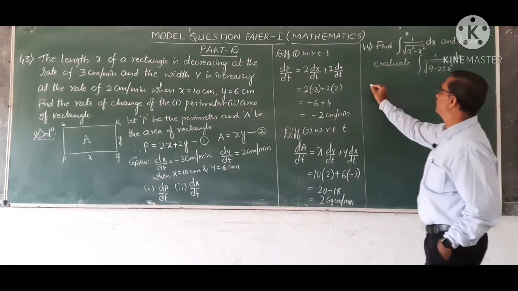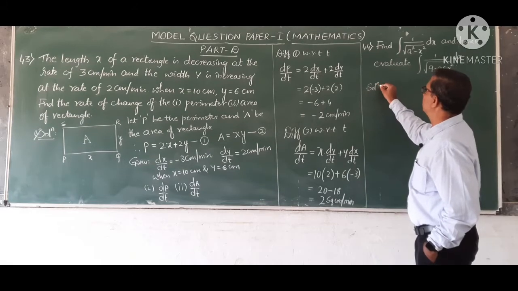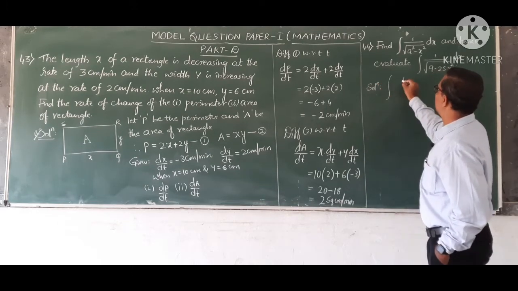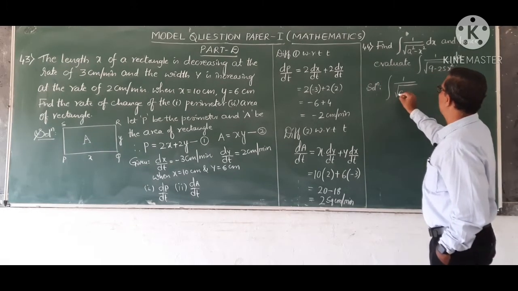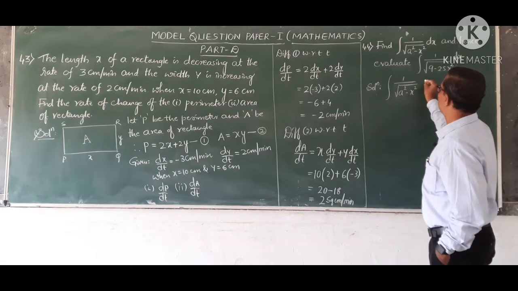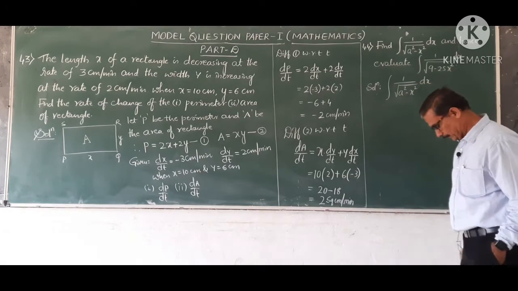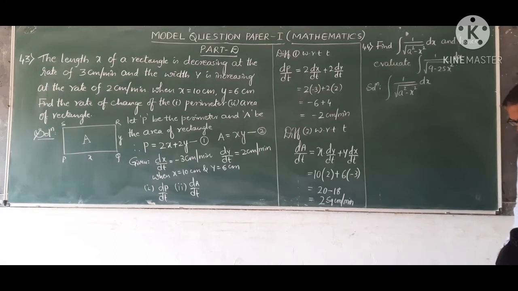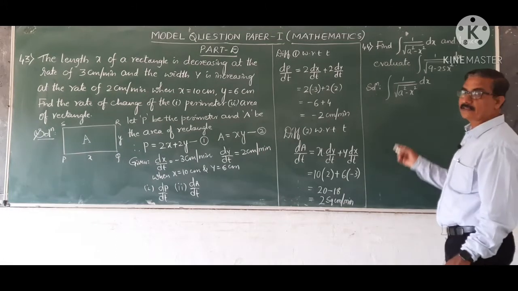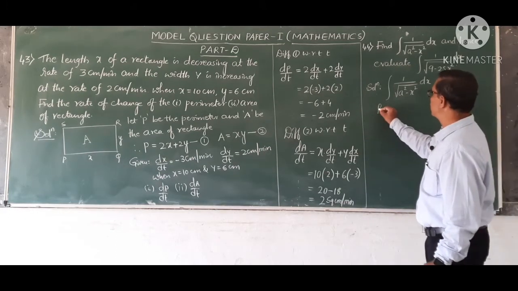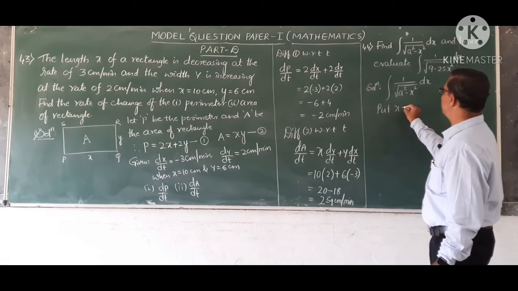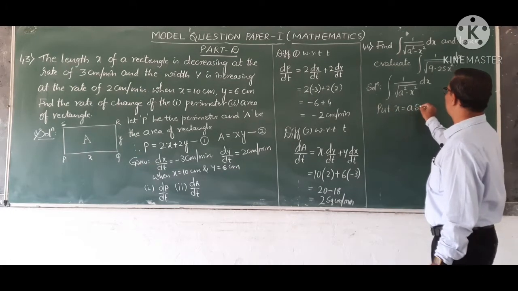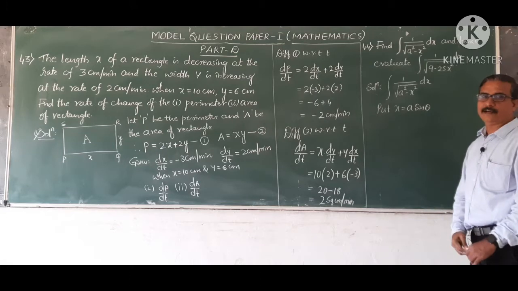To solve the first part, the integral of 1 divided by under root of a square minus x square with respect to x, the given expression is not in standard form. Make it standard form by a suitable substitution. Take x equal to a sin theta.